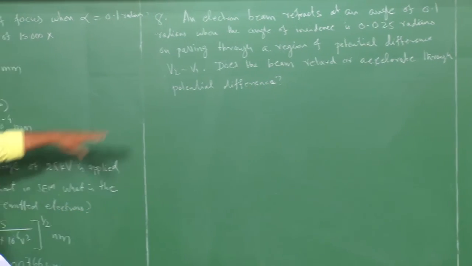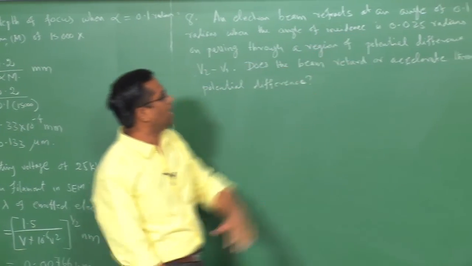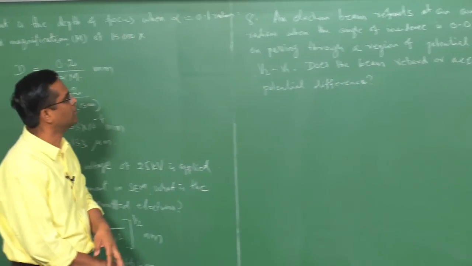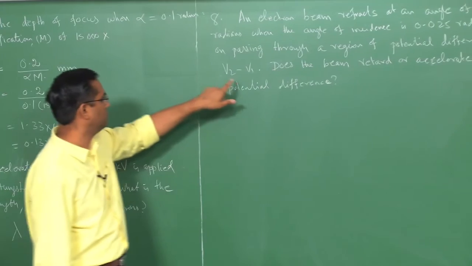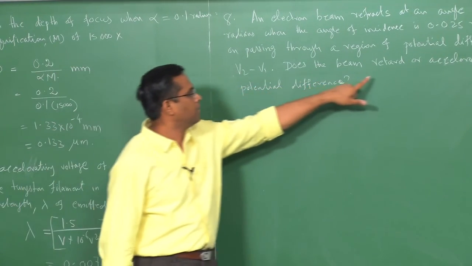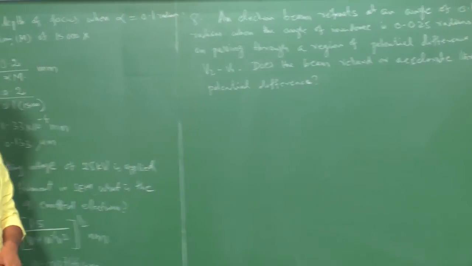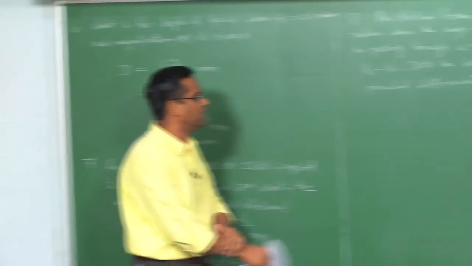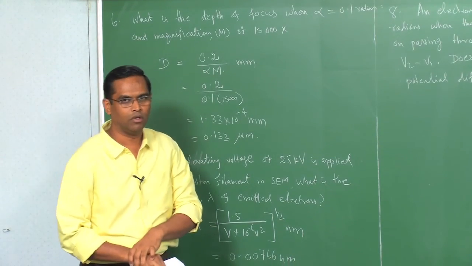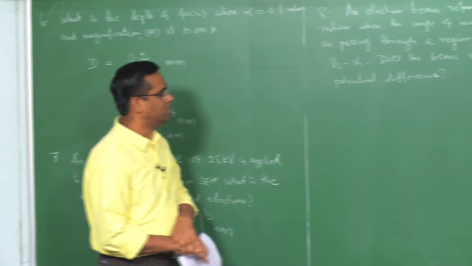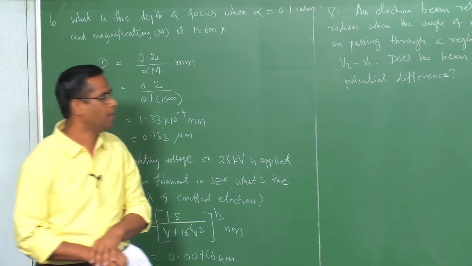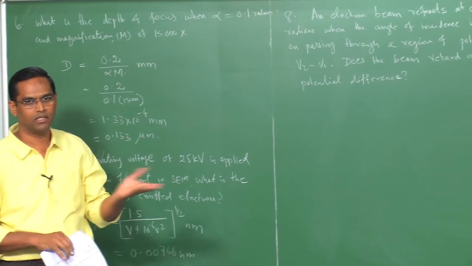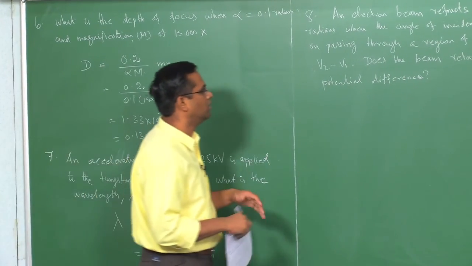And finally, the question is: an electron beam refracts at an angle of 0.1 radians when the angle of incidence is 0.025 radians on passing through a region of potential difference V2 minus V1. Does the beam retard or accelerate through this potential difference? If you recall the very beginning of the electromagnetic lenses, we talked about Snell's law, and we said that there is no difference between the behavior of light in a light optical system as well as in an electron optical system; they are the same.